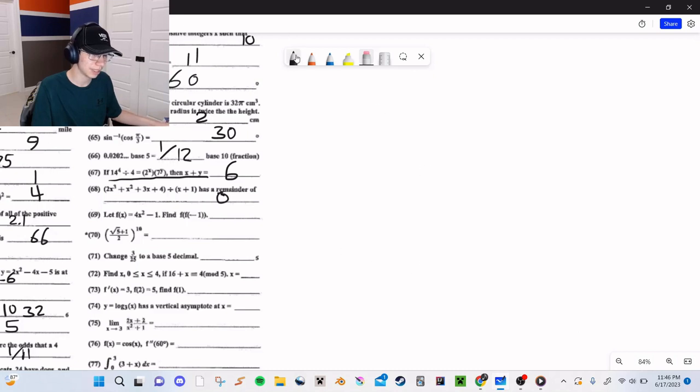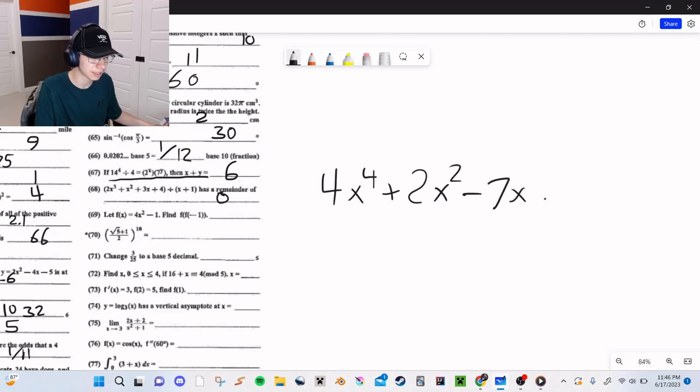Let me make up an expression here. Let's say 4x to the 4th plus 2x squared minus 7x plus 7. And we're going to be dividing this by x plus 2.